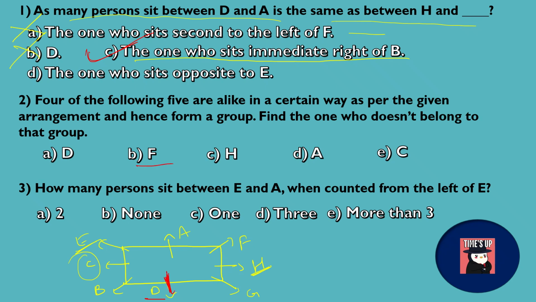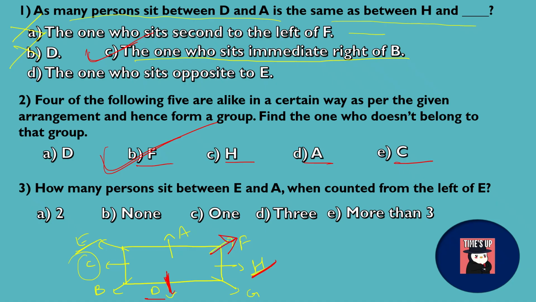F is at the corner of the table. H is also in the middle of the table. A is also in the middle of the table. C is also placed in the middle of the table. So who is the odd one out? A, H, C, D are all sitting in the middle of the table, but F is the one sitting at the corner of the table. So F will be the odd one out.